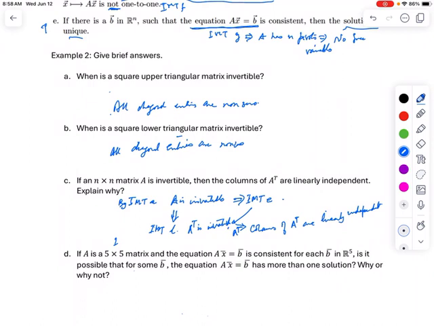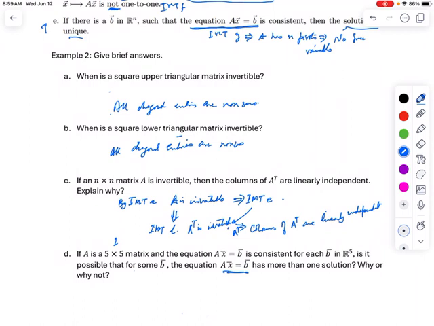When the first statement is satisfied, the other thing is that we have a transformation T which maps X to AX, which means X to B, where T is 1 to 1 and onto. So if this equation has more than one solution, what it means is that the transformation is not 1 to 1. So if the transformation is not 1 to 1, then this cannot happen.